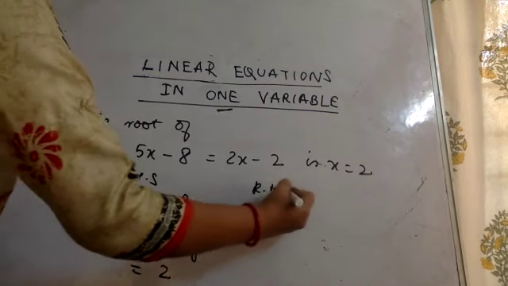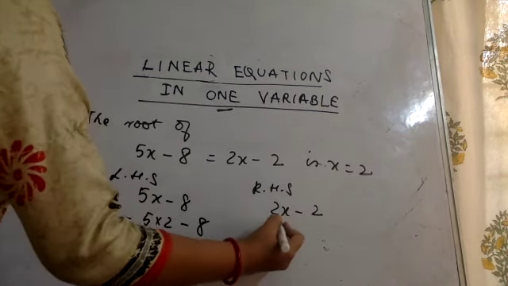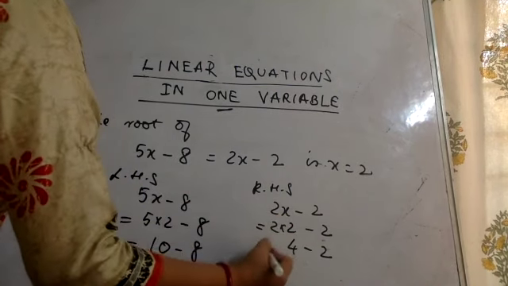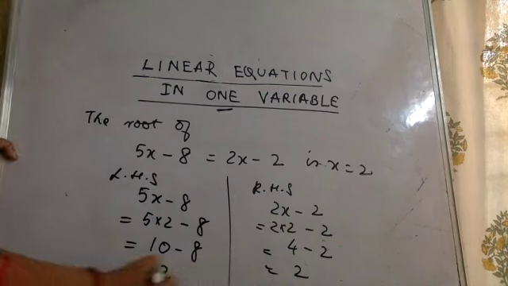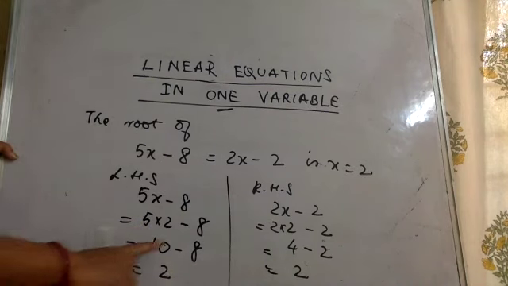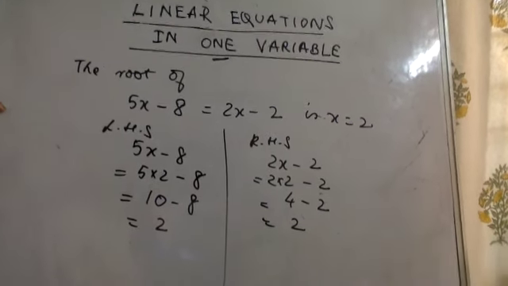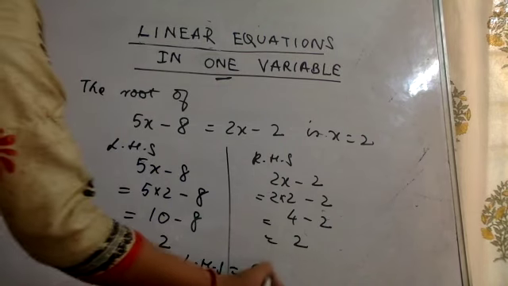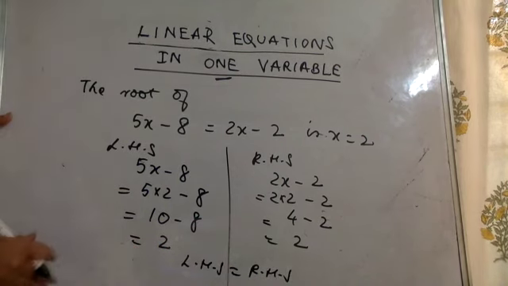Let's go to the RHS. 2x minus 2, 2 into 2 minus 2, that is 4 minus 2, that is a 2. Now what do we see? We can see clearly that both sides is coming to a 2. Therefore, we can say that the LHS is equal to RHS, hence verified.